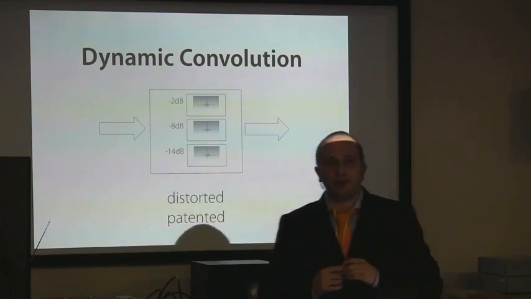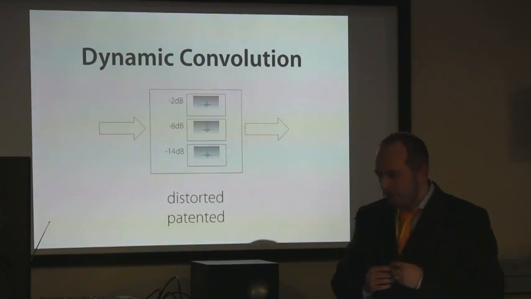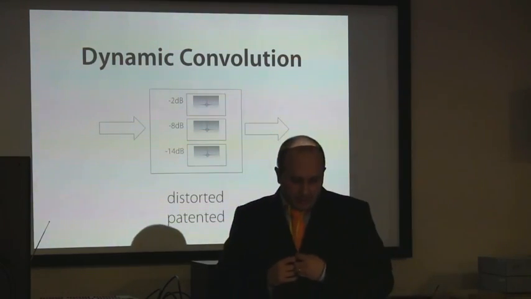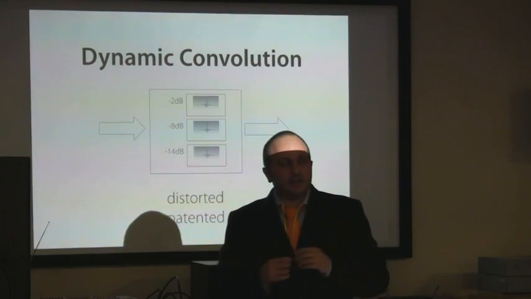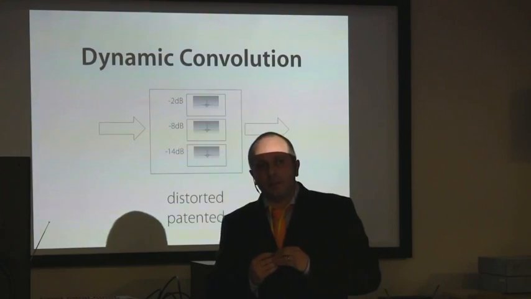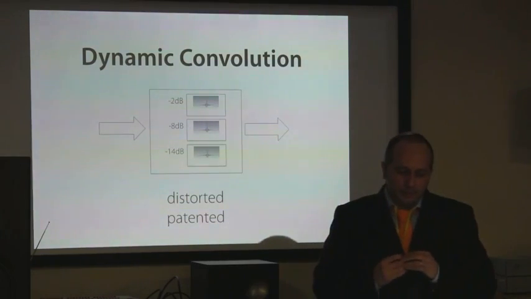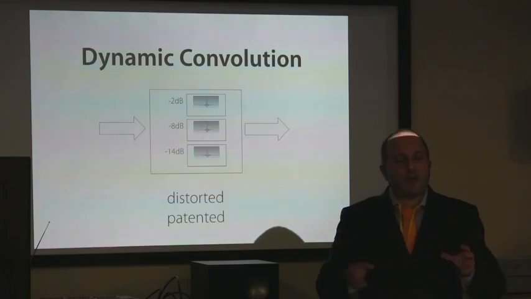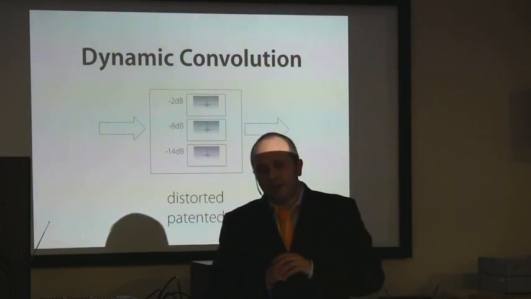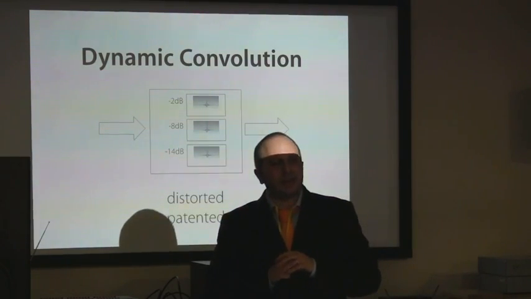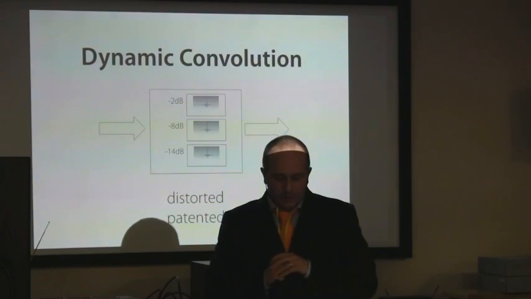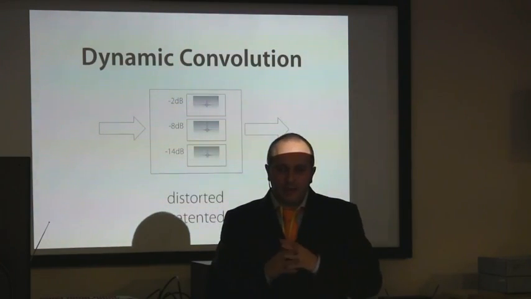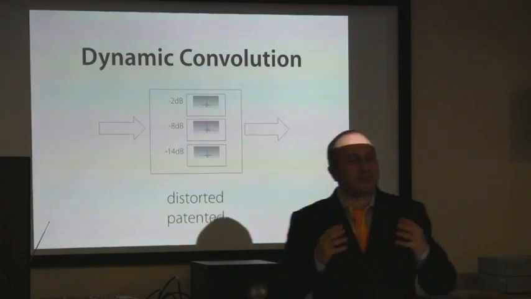For example, you can model a tape. There is a company which created for the first time emulation basing everything on dynamic convolution, and it is pretty famous. It is Synthefx. But how can we describe this result?